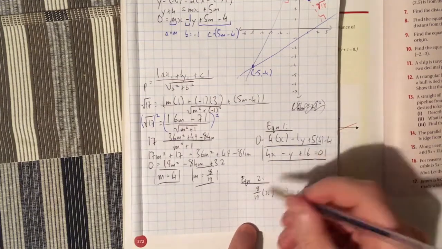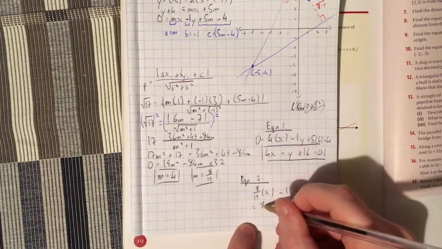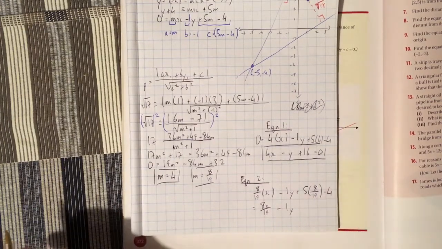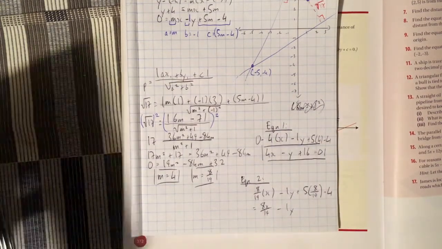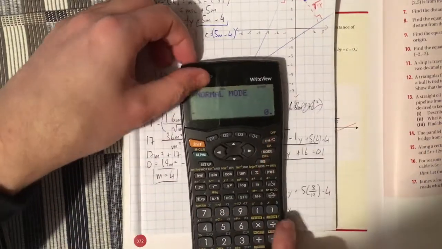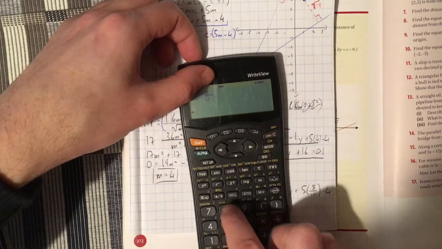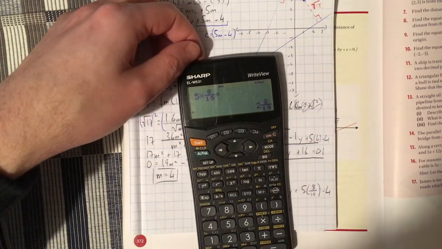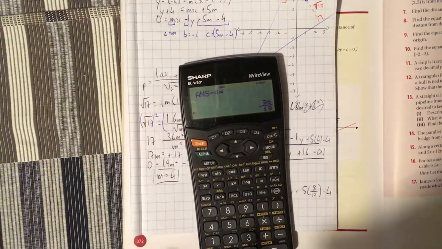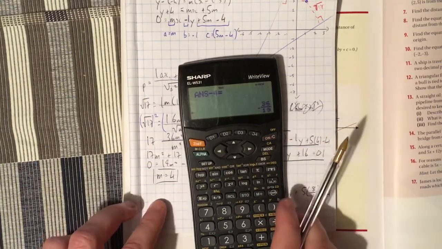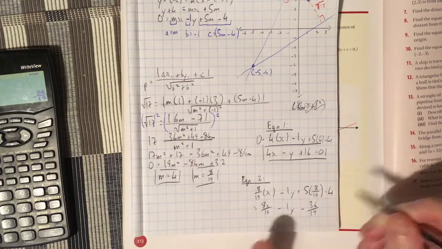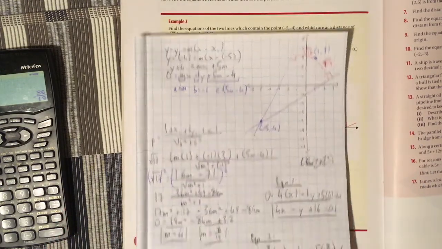So 8 over 19 x is just 8x over 19 minus 1y, this bit at the end then, 5 multiplied by 8 over 19 is that, take away 4. So I'll just write it as an improper fraction. So minus 36 over 19. And then the question just says find the equations of the two lines.